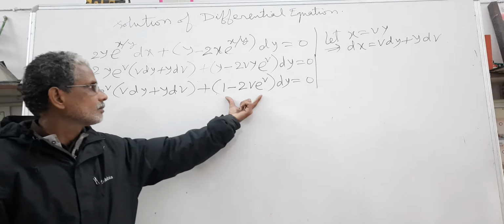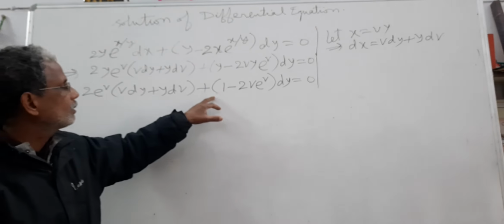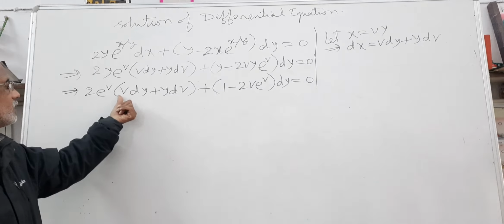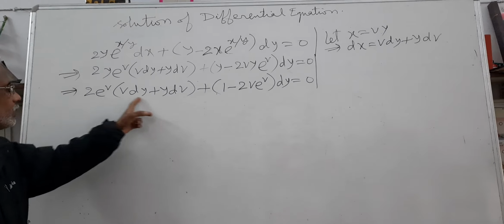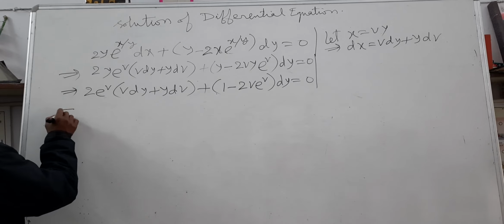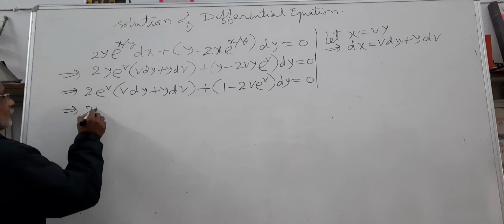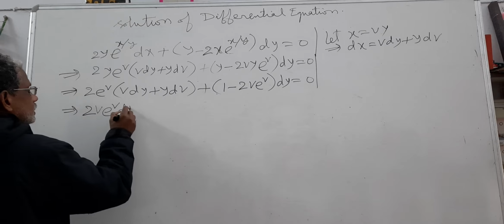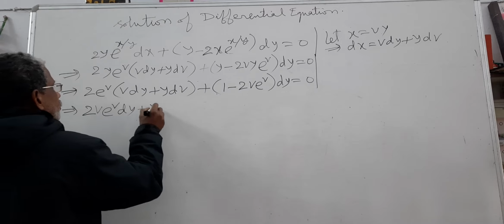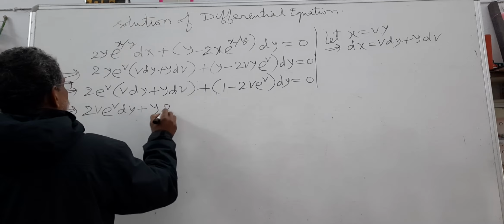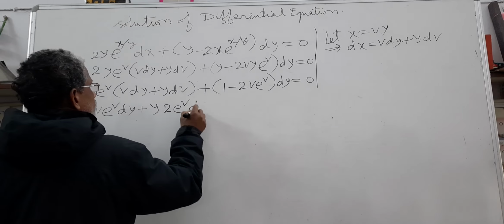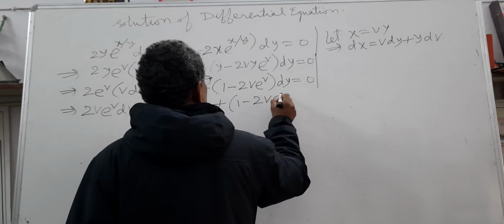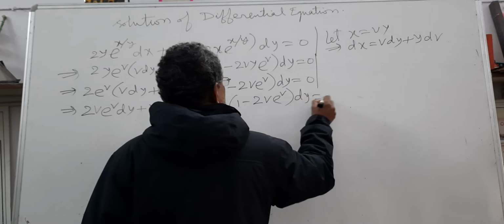This bracket is a function of v only, so it cannot be opened. Here there are two variables, v and y, therefore open this bracket. This implies 2v e to power v dy plus y 2 e to power v dv plus 1 minus 2v e to power v dy is equal to 0.